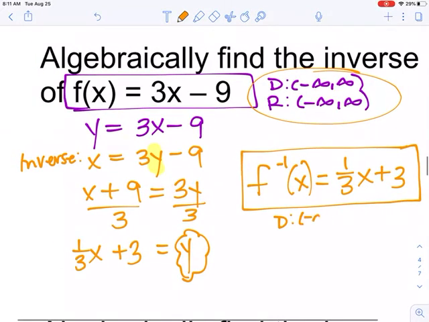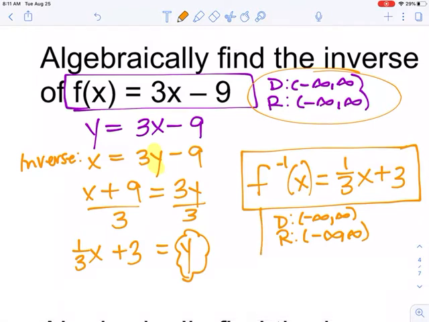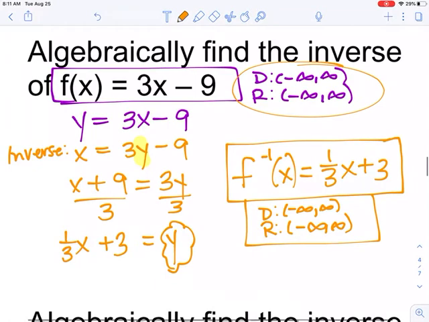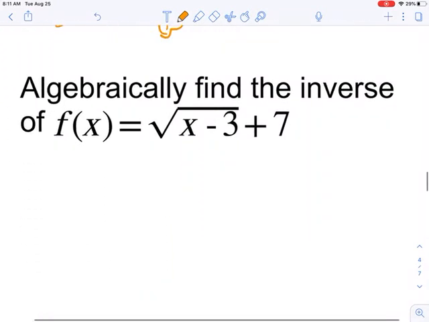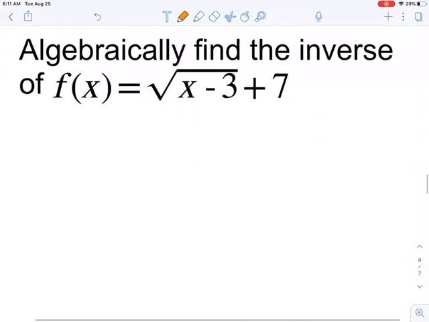What's nice is we can look up here, whatever our domain and range is for our original, those are just going to switch for our inverse. Now, this example wasn't so bad because both domain and range were the same, but we'll see in the next example how that would maybe be different.